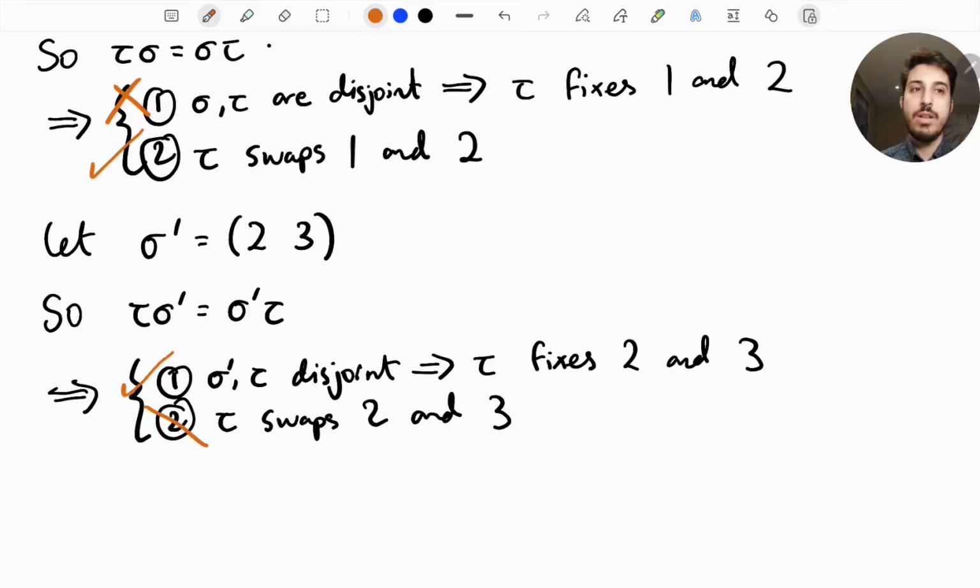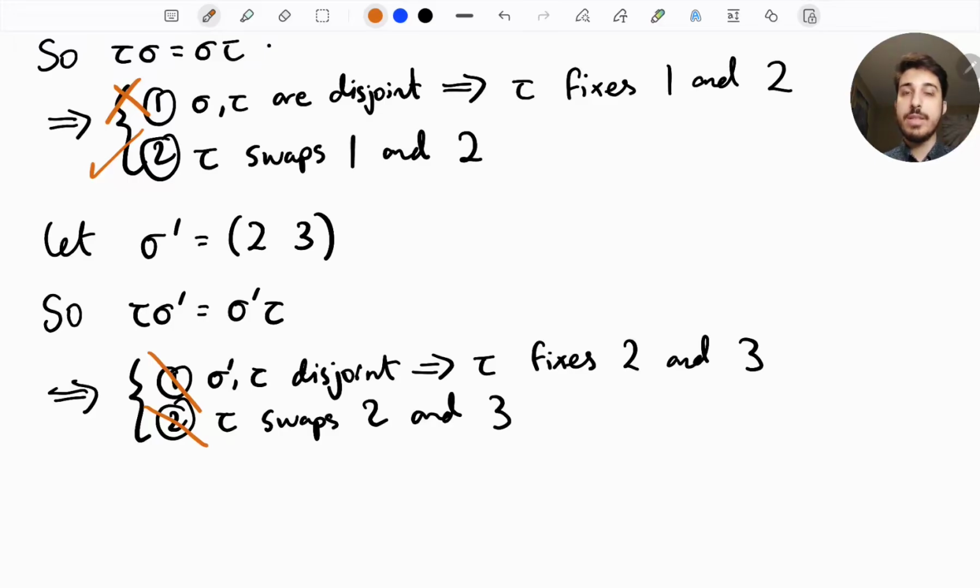But is it? Here it says tau fixes 2 and 3. But we've said that tau swaps 1 and 2. So it swaps 2. So 2 is not really fixed, is it? So this is also not true. So this is a logical impossibility because we've assumed that either one of which has to be true.